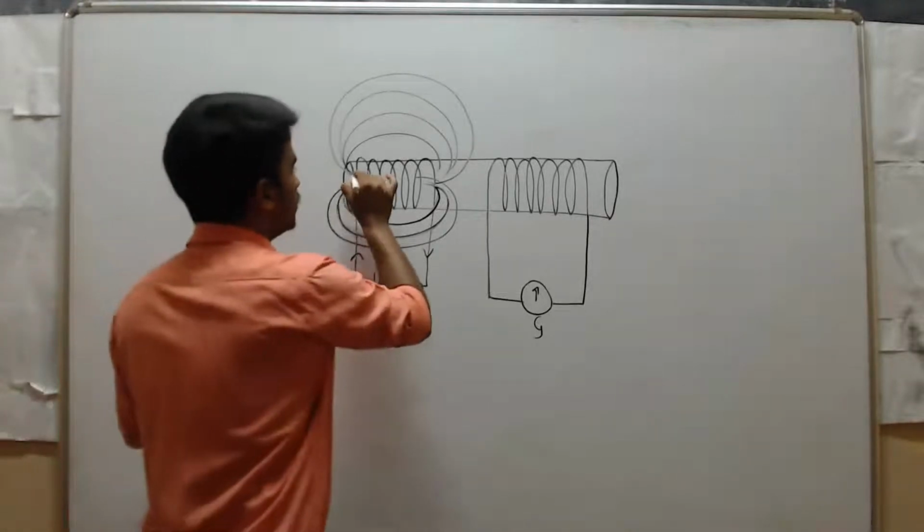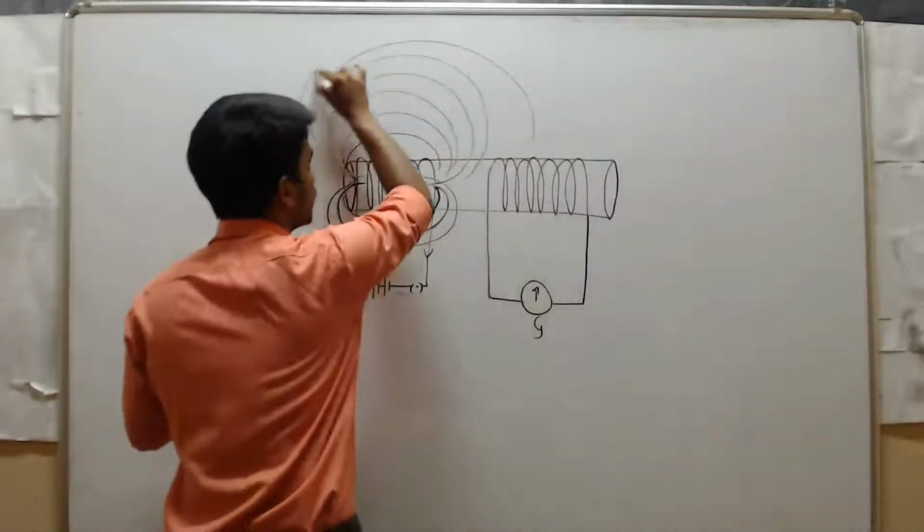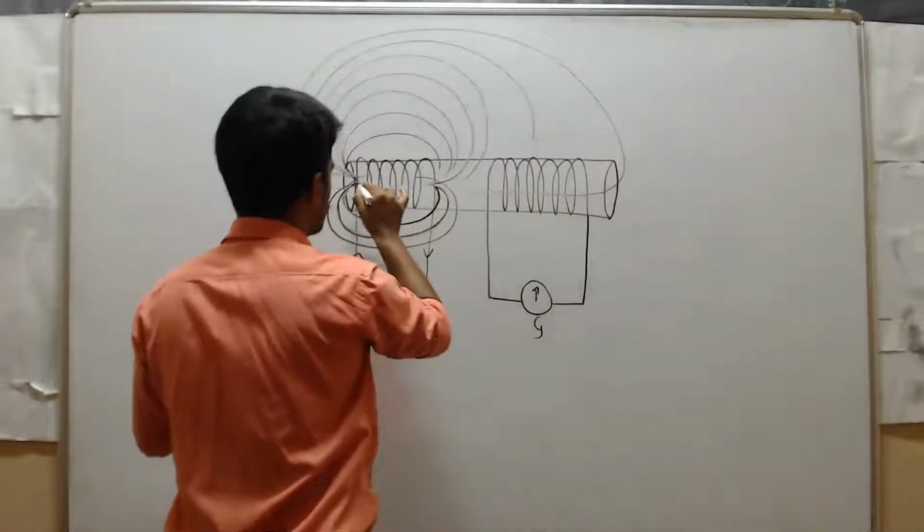Now these magnetic field lines, see here, they will enter into this coil.